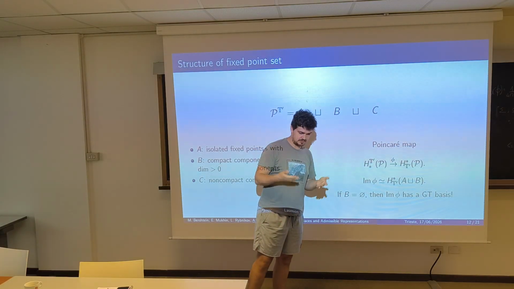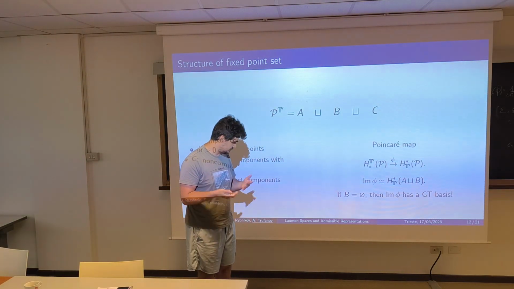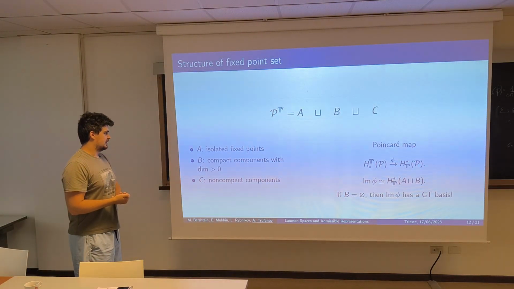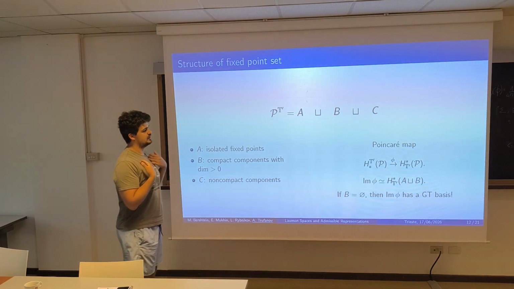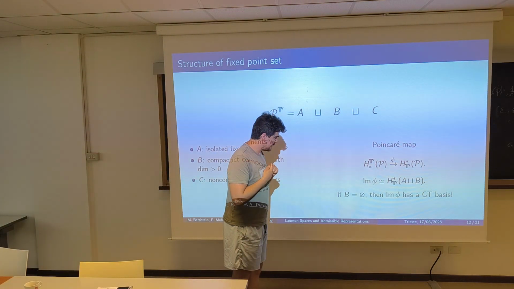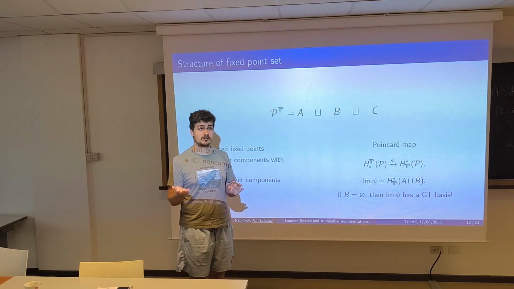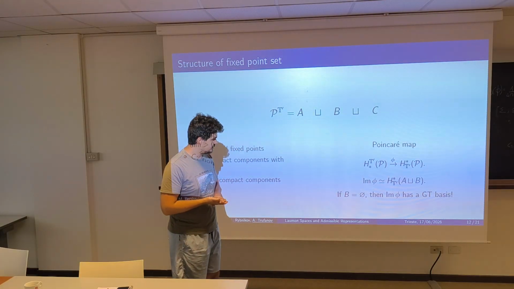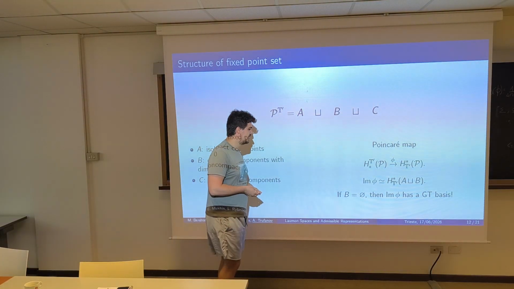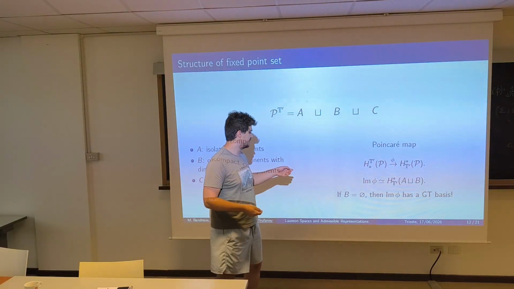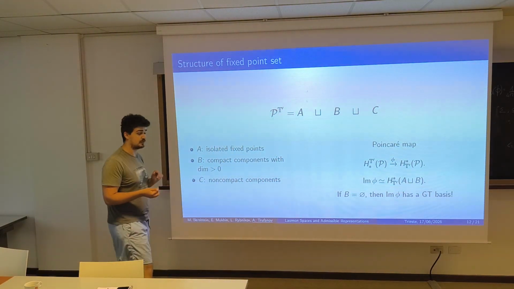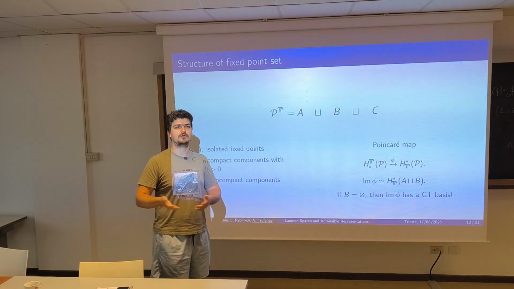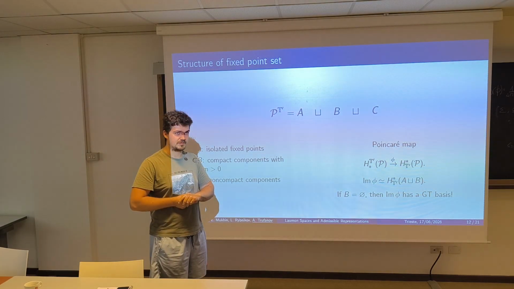So A is compact components of dimension 0, points, and B is compact components of higher dimension. We want some basis in the image, but it will not always exist. Geometrically, existence of this basis means that B, the non-trivial compact components, is empty. Then we have a basis of isolated fixed points and the image.